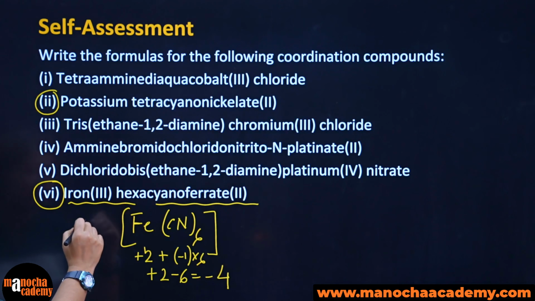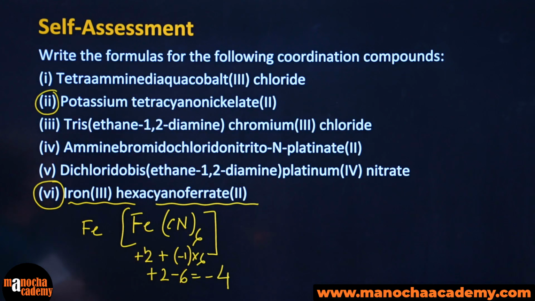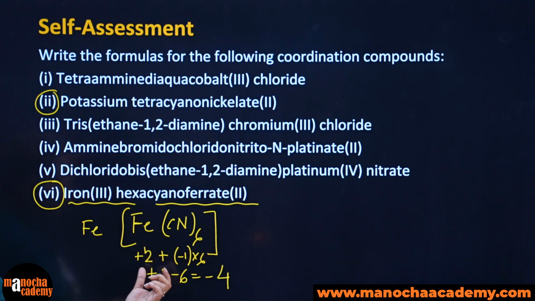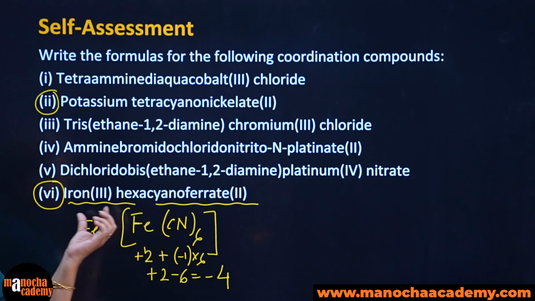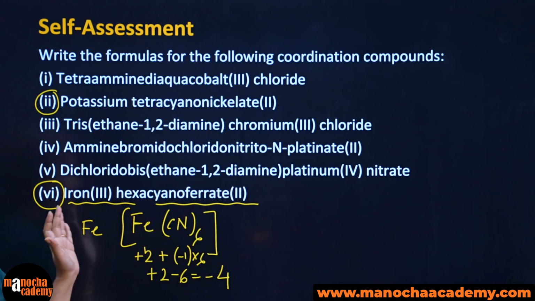And iron 3 means here iron is in the plus 3 state. So to make it equal, 4 threes are 12. It's 3 and it is minus 4. So try this out, how you get the structure. Per coordination sphere, the charge is plus 2 and minus 6, which means minus 4. But for one Fe it is plus 3. Then what will make this equal?